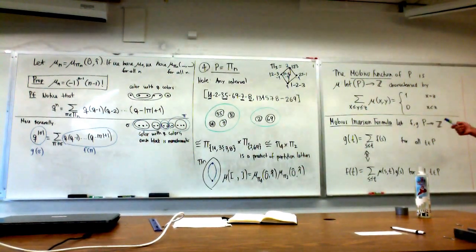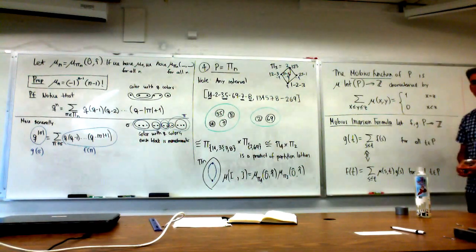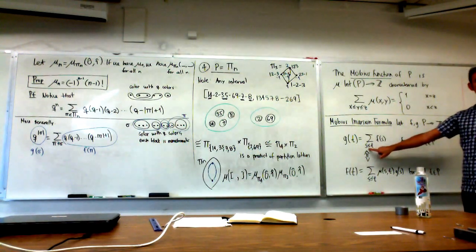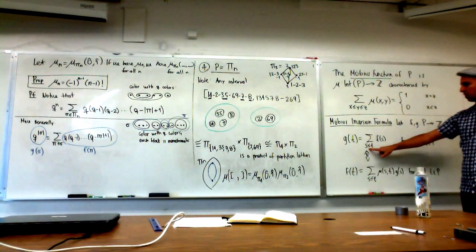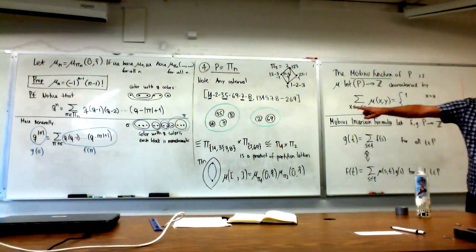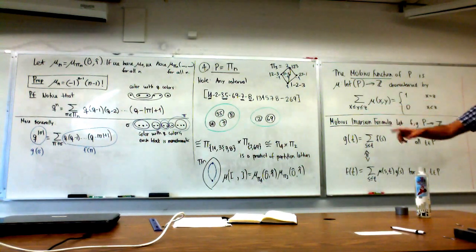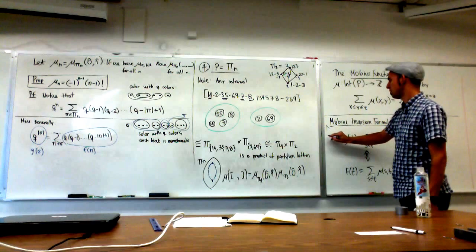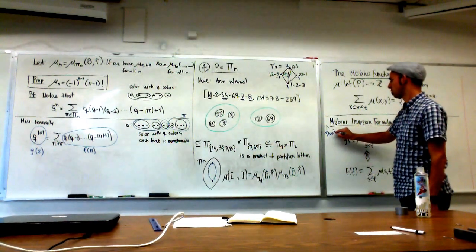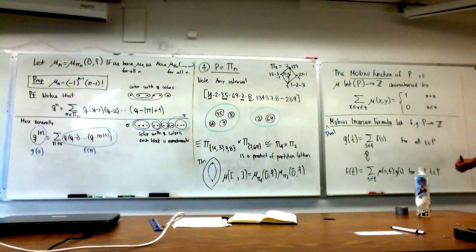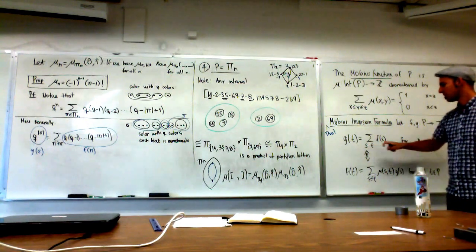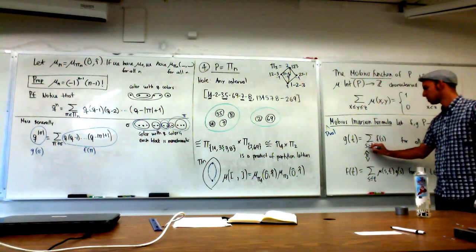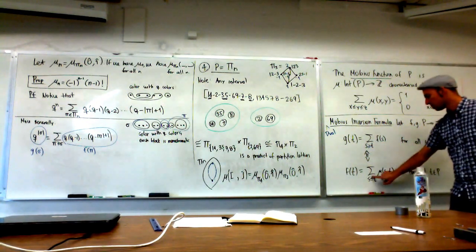I mentioned that the Moebius inversion formula holds both if you have less than or equal to, or if you have greater than or equal to. Here I have greater than or equal to. But both versions hold, so there's also the dual Moebius inversion formula, where if you're in the situation that this is greater than or equal to t, then the exact same thing holds.